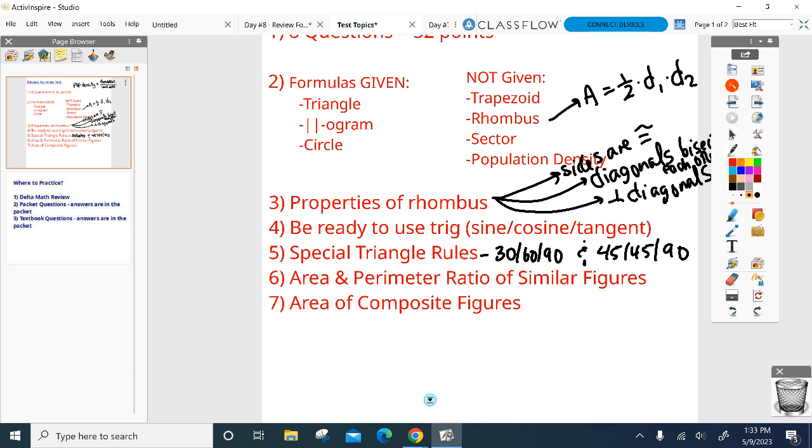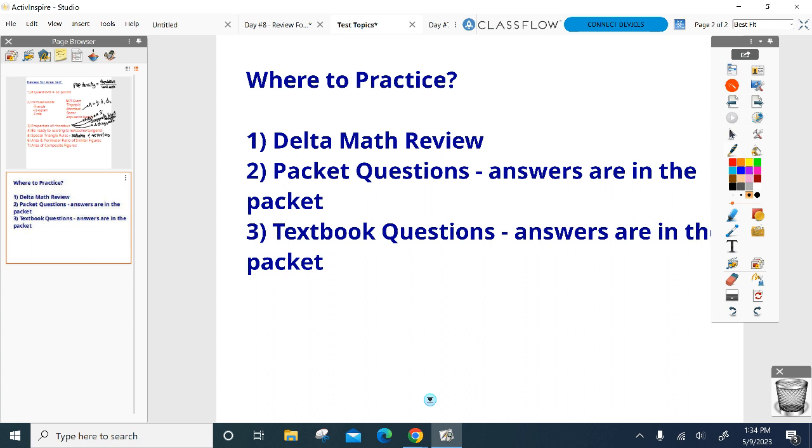All right. We're going to go over 3 questions as a class in a minute, but I just want you guys to be aware of the places you could study. There's a whole slew of problems on Delta Math. I just put some on today. In your packet, you have a certain amount of questions, and then everyone, can you please go to page 26 for me.